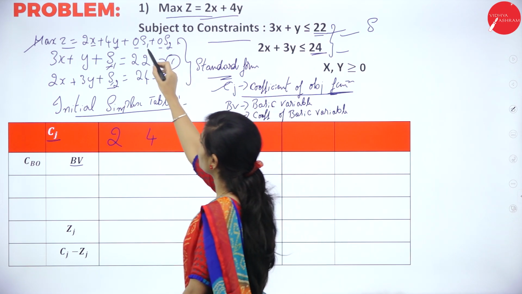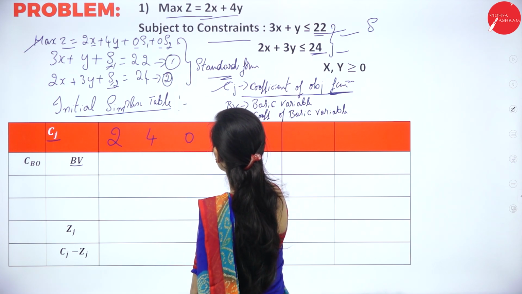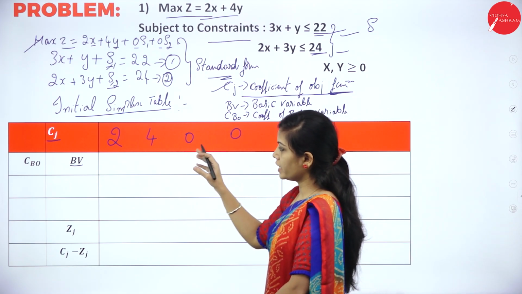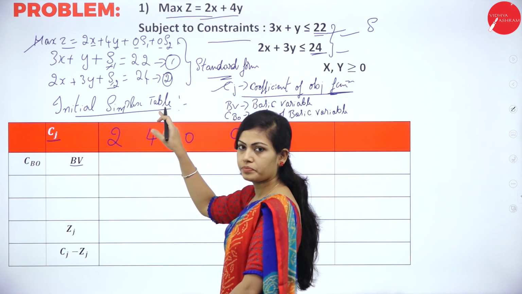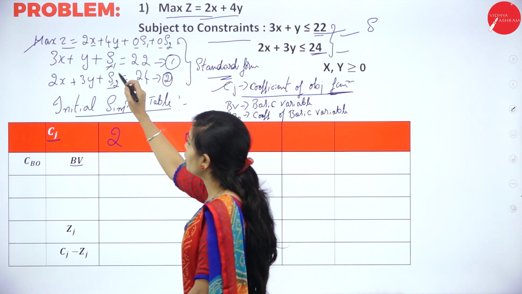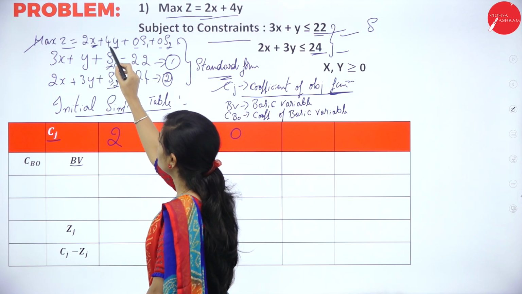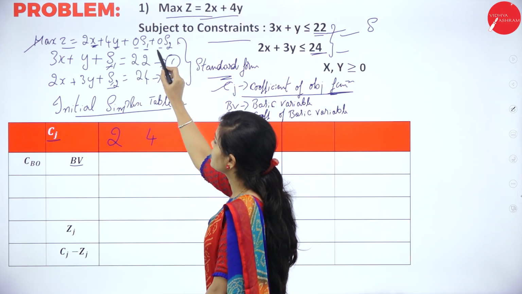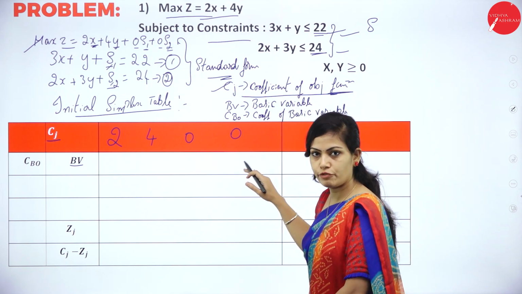The coefficient of S1 is 0, and the coefficient of S2 is 0. So first you have to write the coefficient of the objective function in standard form.